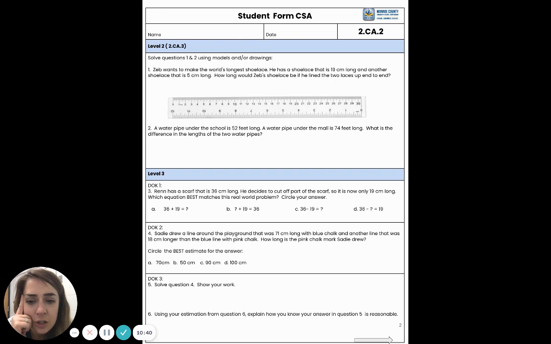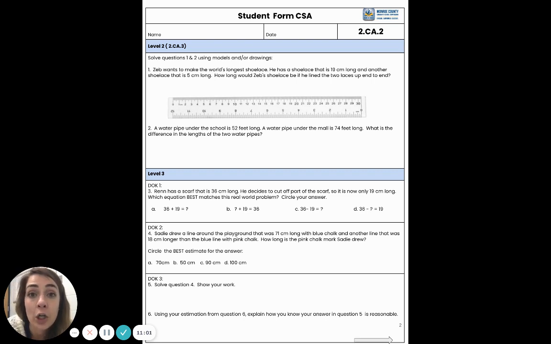Okay, the next two we need to think about what we know about numbers. So you should be left with two answers. And I know that 71 is really close to 70, and I know that 18 is really close to 20. They're not exact, but they're really close.